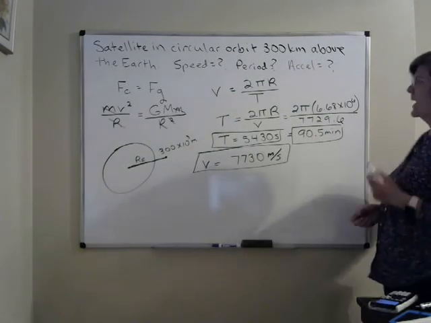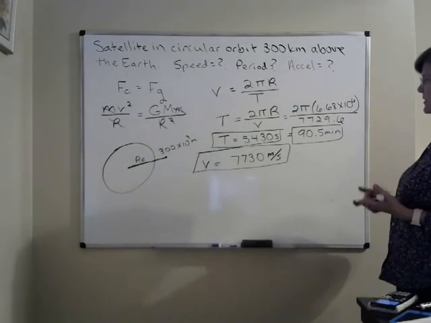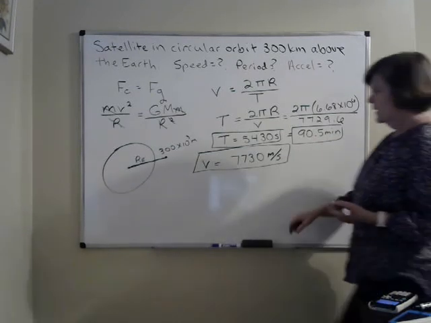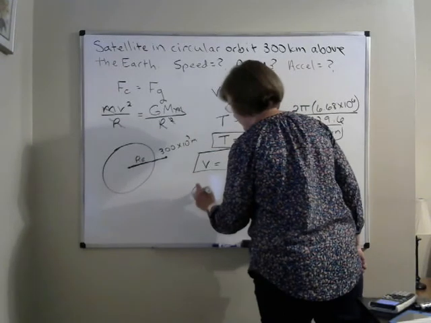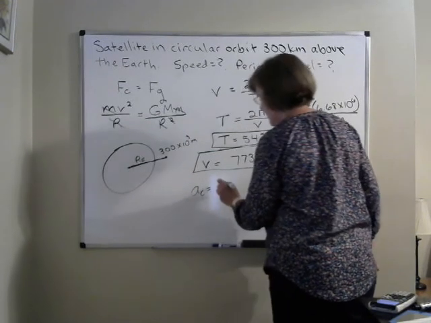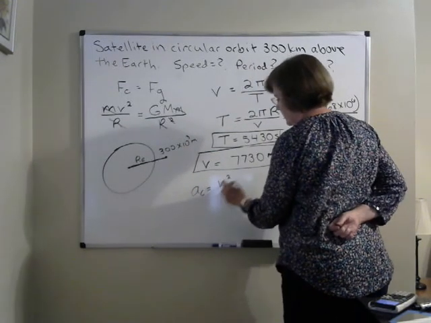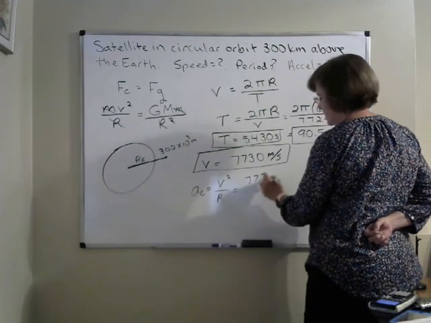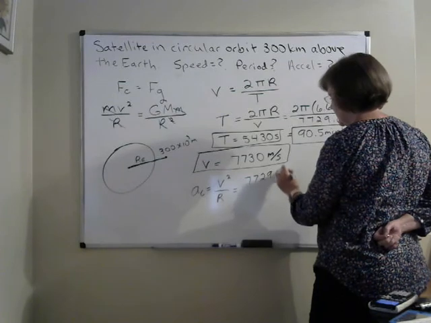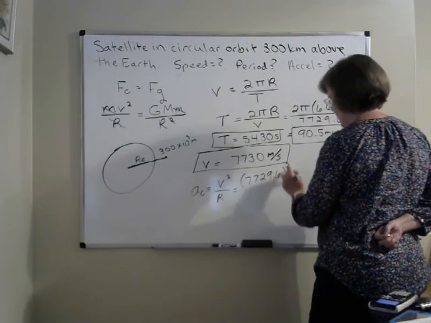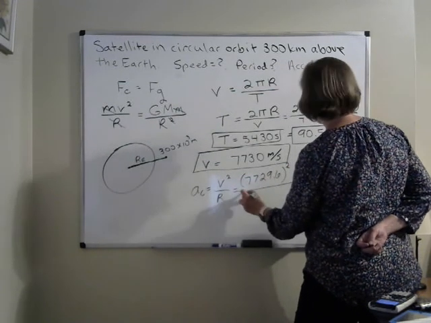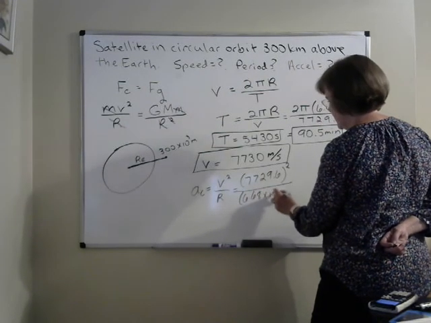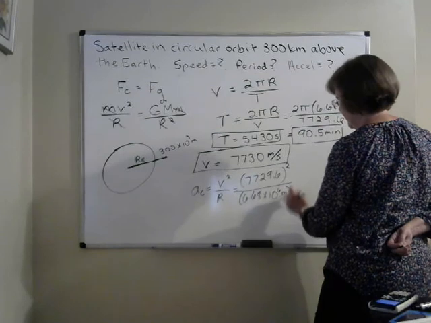One more thing we haven't found, they want to know the acceleration. So we found the speed, we found the period. Acceleration is just centripetal acceleration. It's v squared over r. 7729.6 squared. The radius was 6.68 times 10 to the 6th meters.